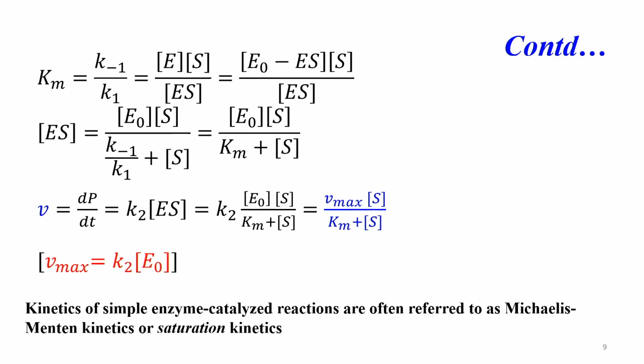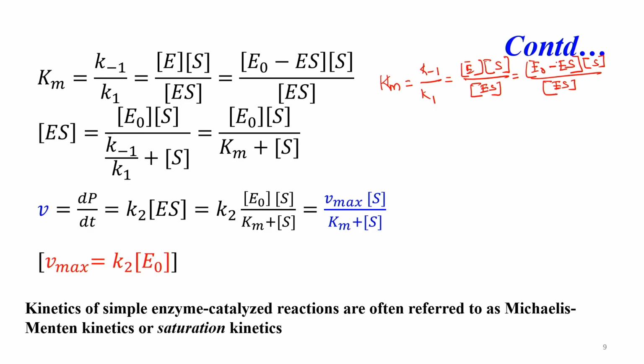Now, you can further rearrange the same. So, it says Km is K minus 1 divided by K1, that equals [E][S] divided by [ES], the enzyme substrate complex. As we know now, E can be replaced by total enzyme minus ES, the bound enzyme, into S divided by ES.